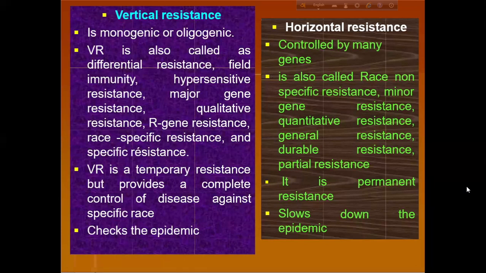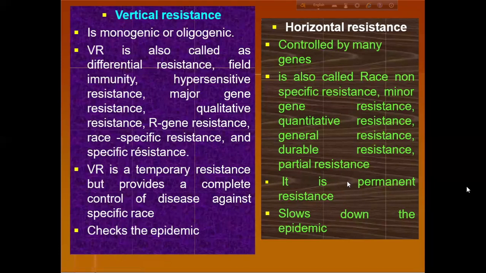So that is why we call vertical resistance a temporary resistance. Although this resistance is controlled by one gene or two genes, this resistant plant stops the pathogen completely, not partially.